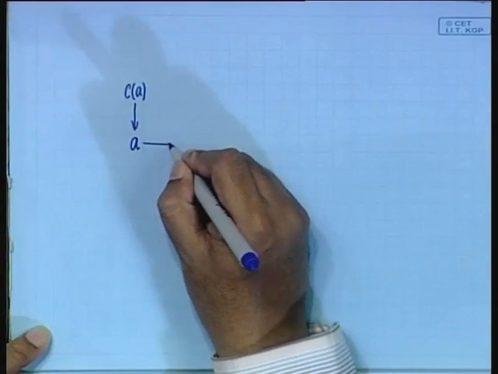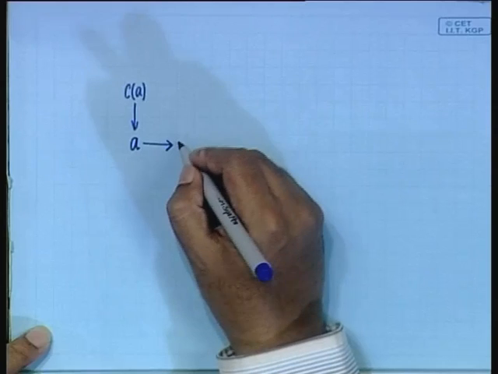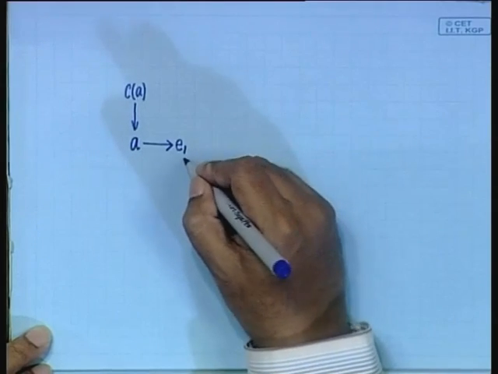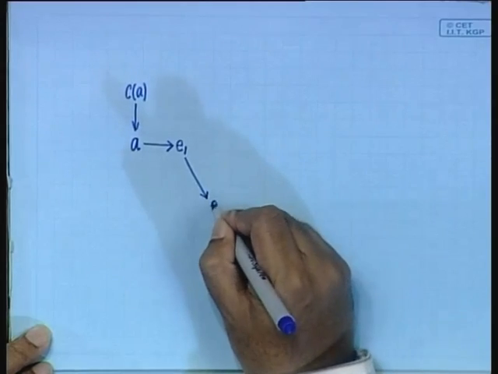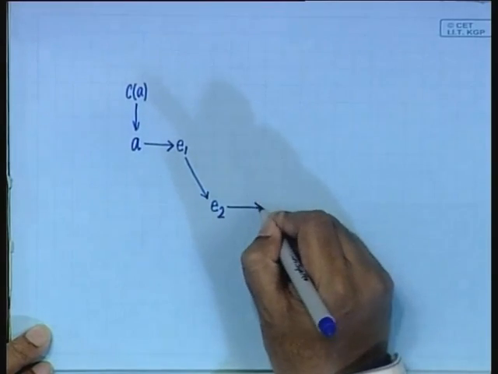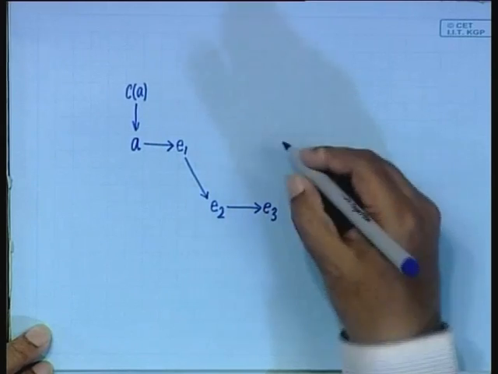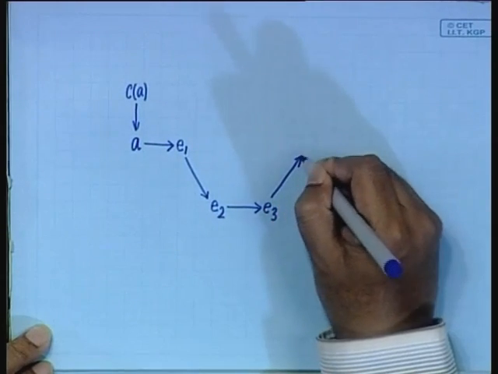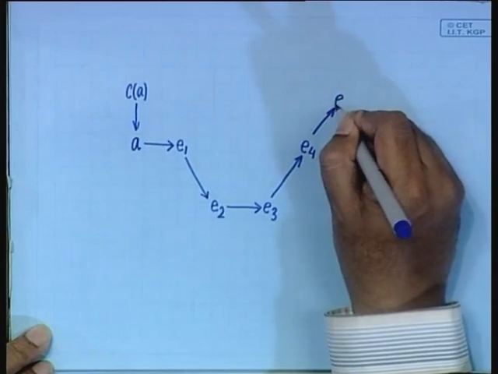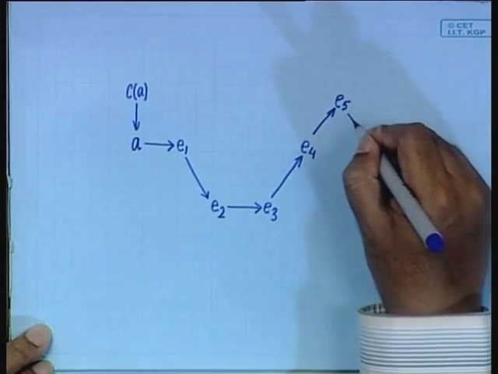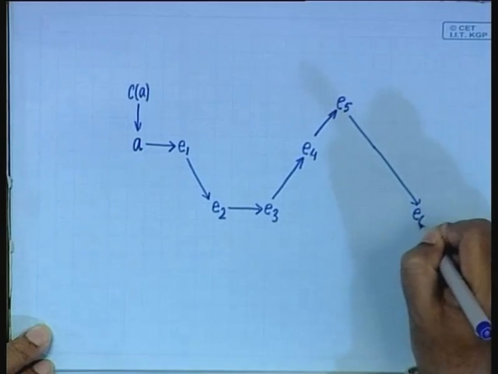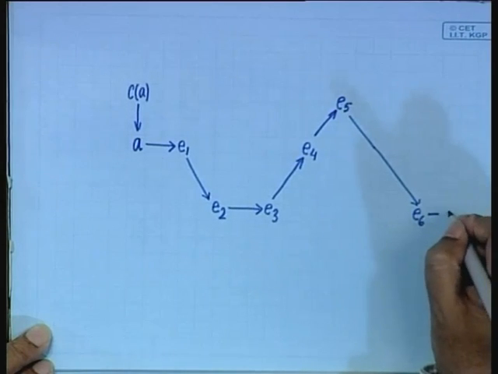Now then there can be a sequence of events E1, E2, E3, E4, E5, E6 and then B.